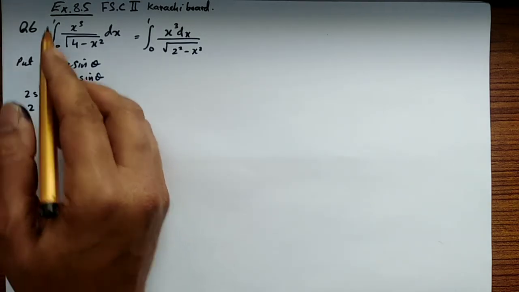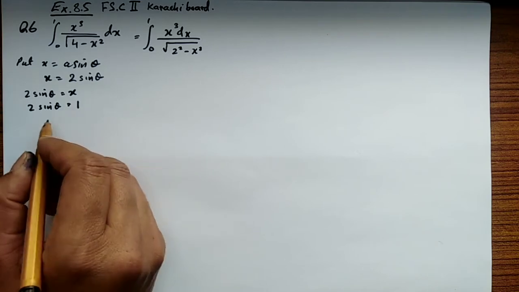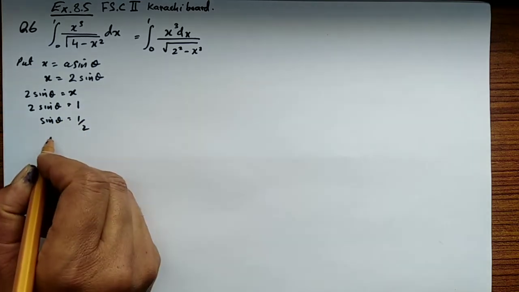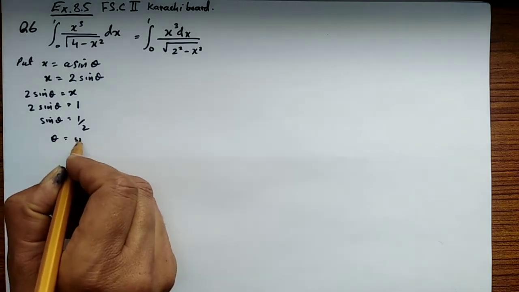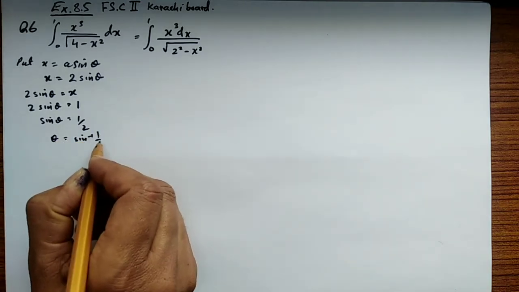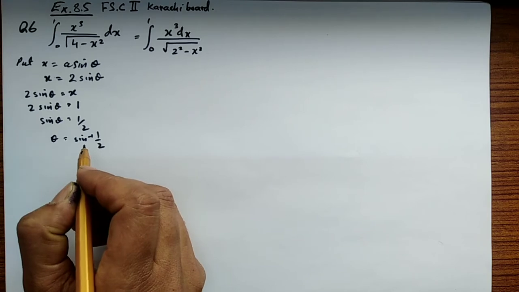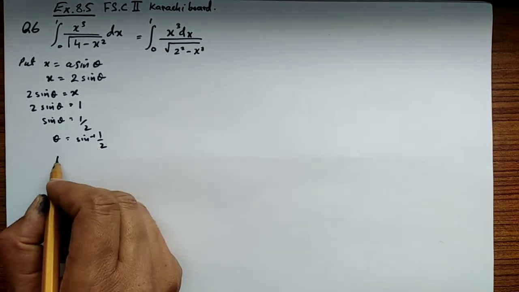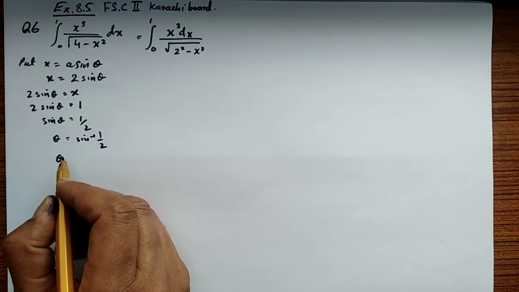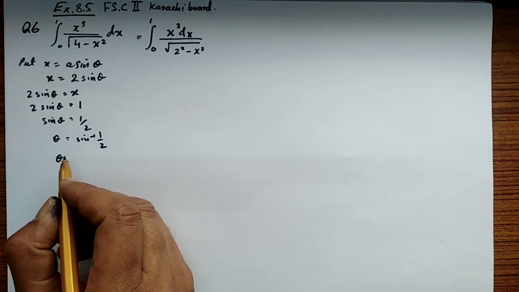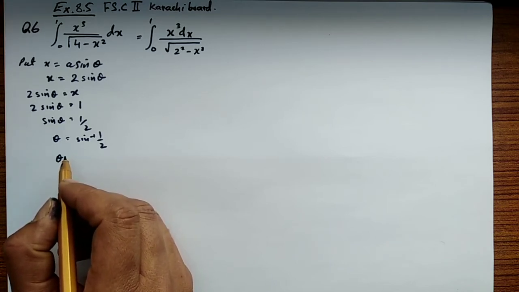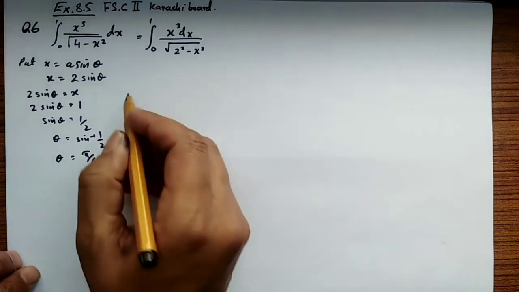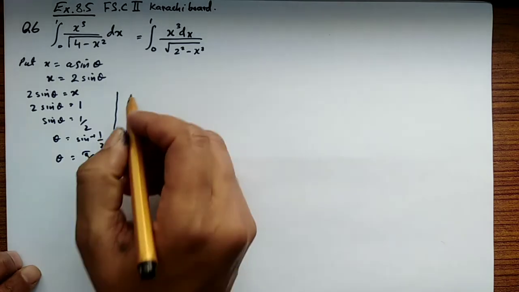Putting the upper limit in place of x, sine theta is 1 upon 2, so theta is equal to sine inverse 1 upon 2, which is pi upon 6.